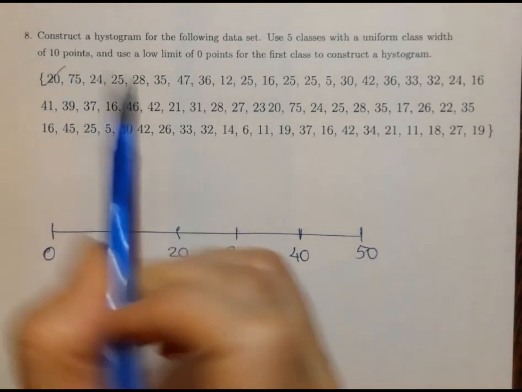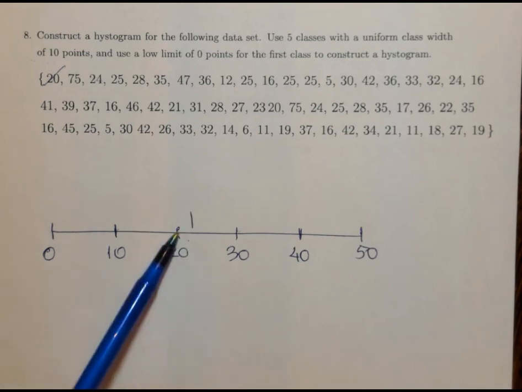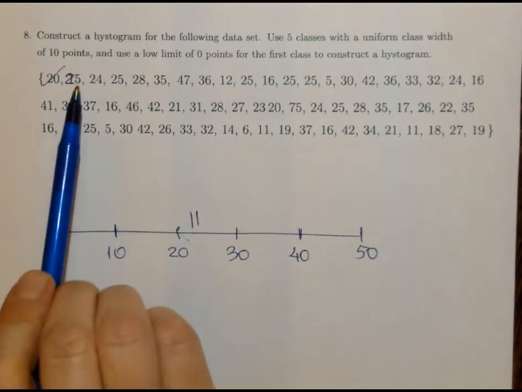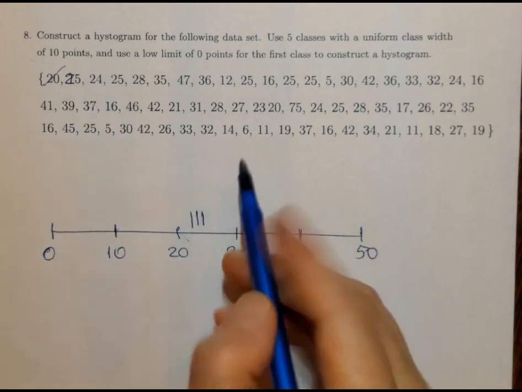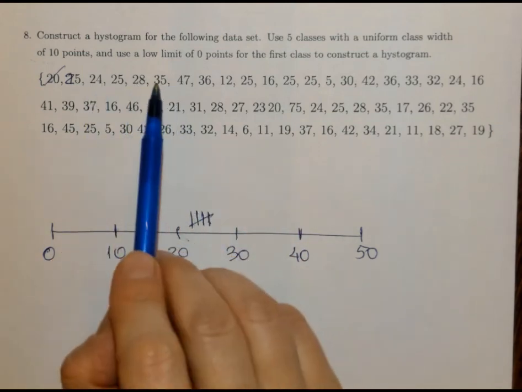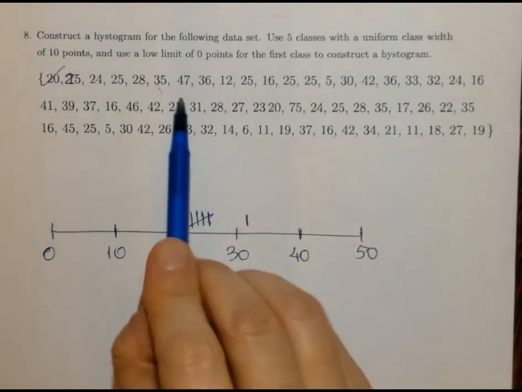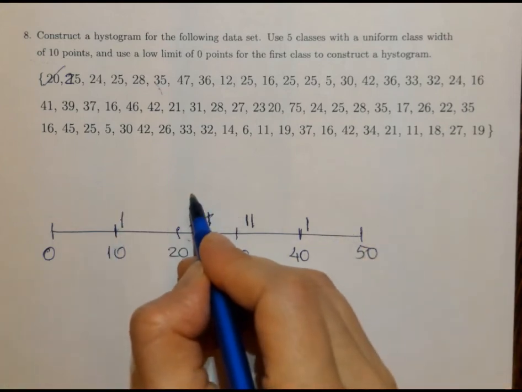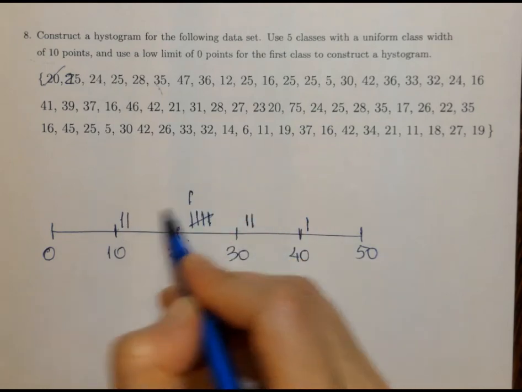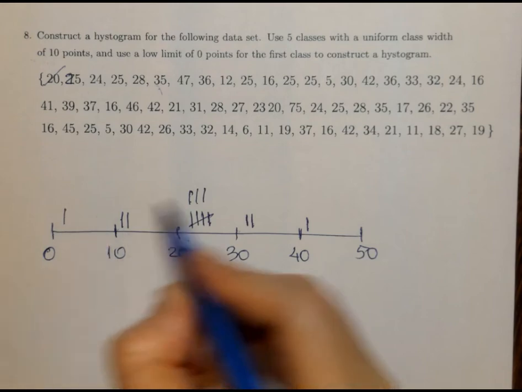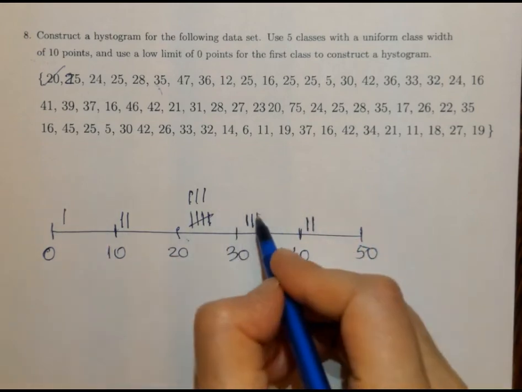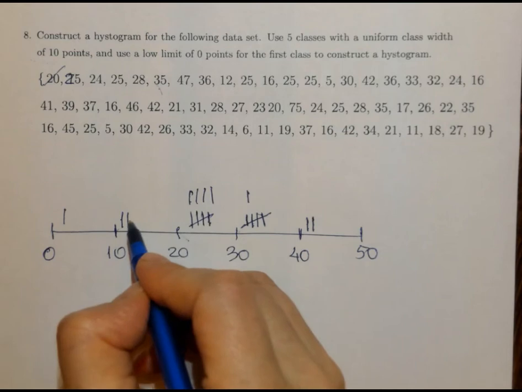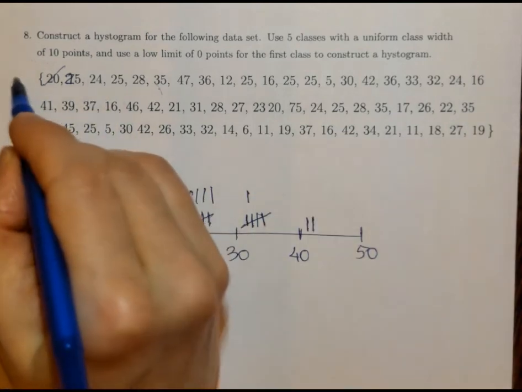So the first 20 goes to this class. 25, 25, the same one. 24, also this class. 25 again. 28, then 35, 47, 36, 12, 25, 16, 25, 25, 5, 30, 42, 36, 33, 32, 24, 16, so the first row is done.